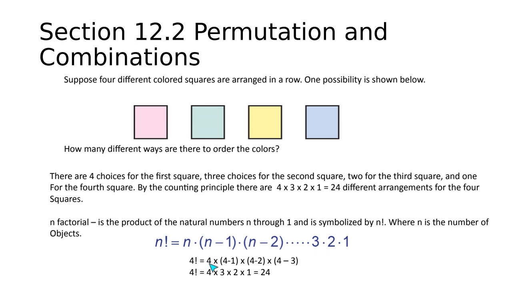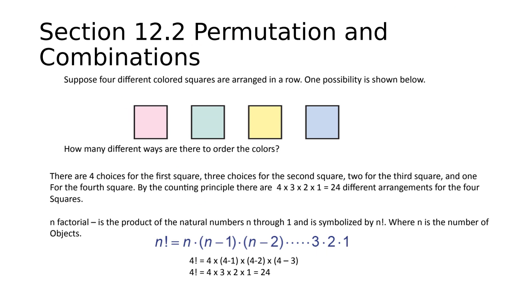So in our example, we have 4. And then we would multiply it times n minus 1. So in our example, that would be 4 minus 1 times 4 minus 2. And you keep going until you get to 1. So 4 factorial just means that you start with 4 and you multiply down all the way to 1. So we have 4 times 3 times 2 times 1 is equal to 24.